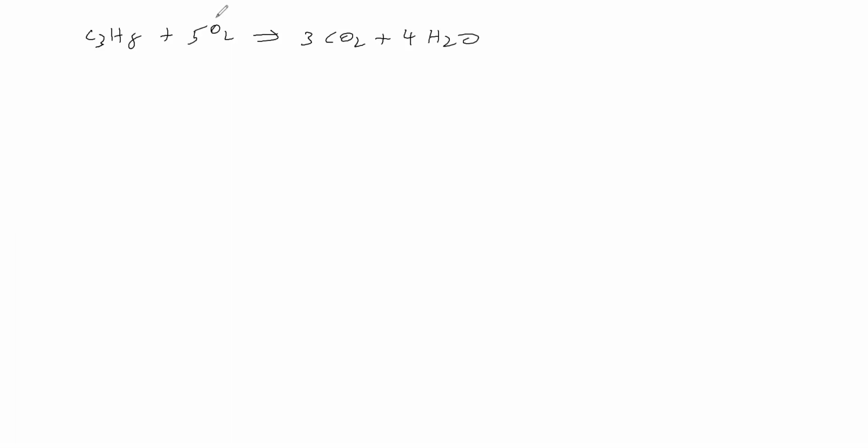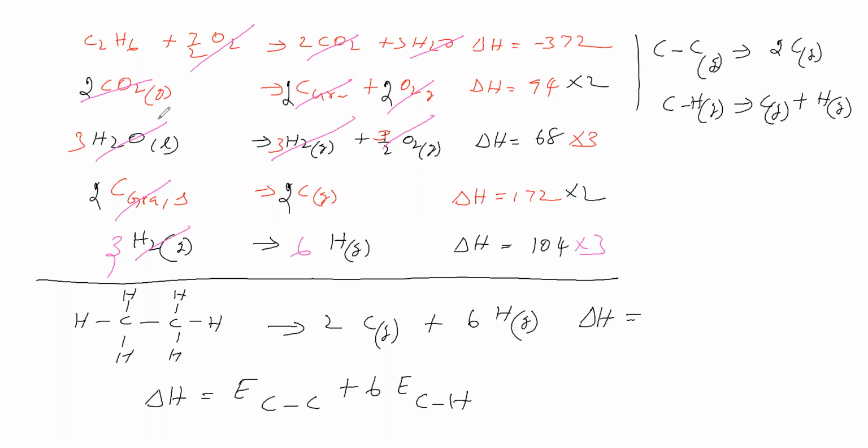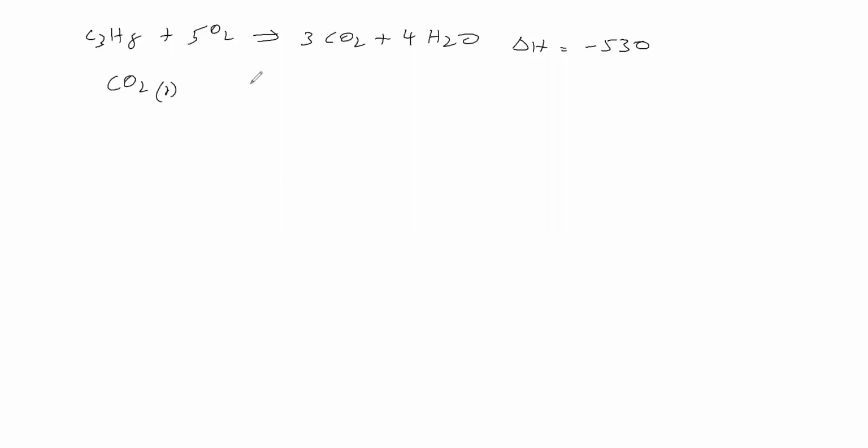For this delta H is minus 530. Let us cancel this carbon dioxide by taking this equation.